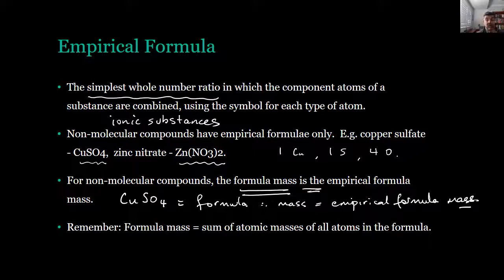And we now know that I could calculate that by going to the periodic table and looking up the mass of copper, and then looking up the mass of sulfur, and then multiplying by 4 the mass of oxygen, and that will give me the formula mass. So important to remember here that the formula mass is equal to the sum of the atomic masses of all elements in that formula.